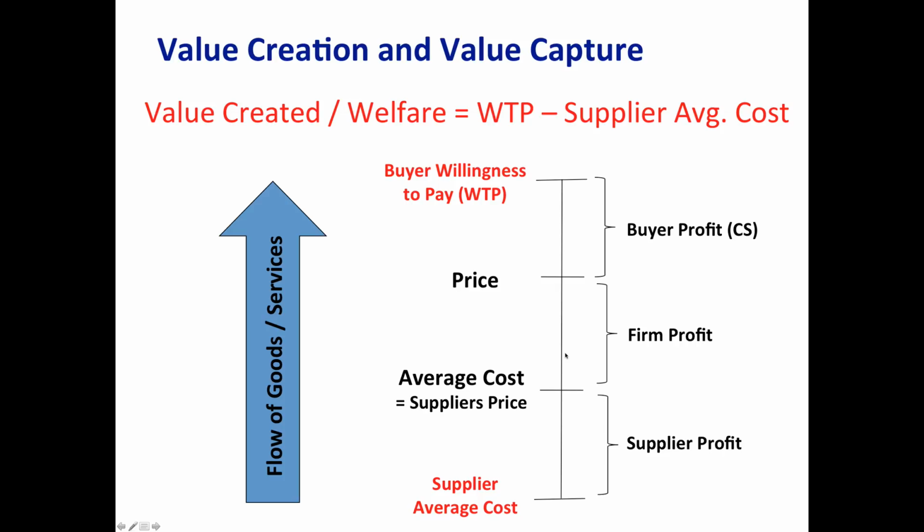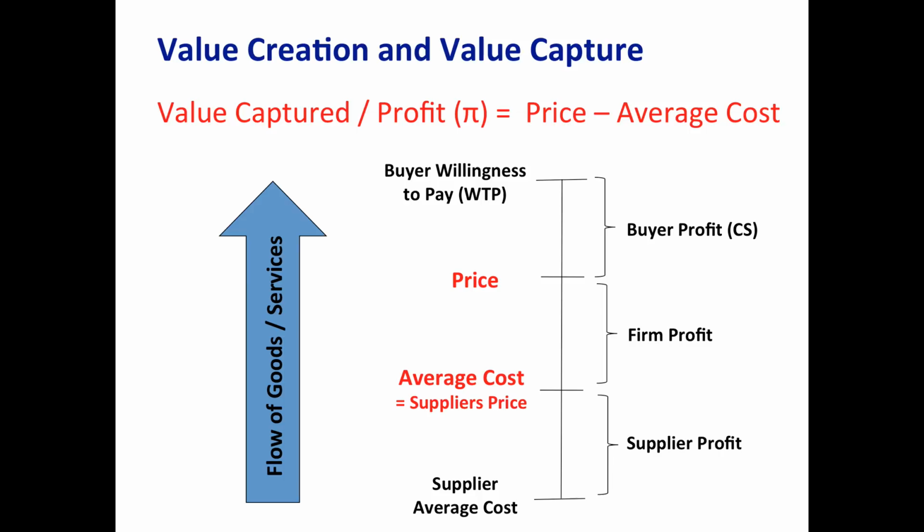And so the total value created, or the total welfare here, is going to be the gap all the way between what a customer is willing to pay and what a supplier is willing to sell for. Then the value that gets captured by a firm is the difference between the price it can actually charge, which always has to be lower than the buyer's willingness to pay, and the costs that it actually pays, which always have to be above the supplier's own internal costs.